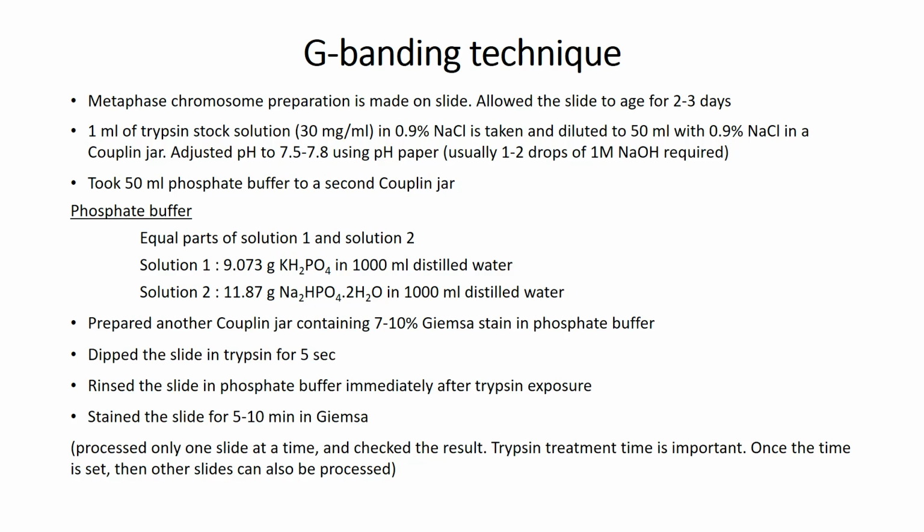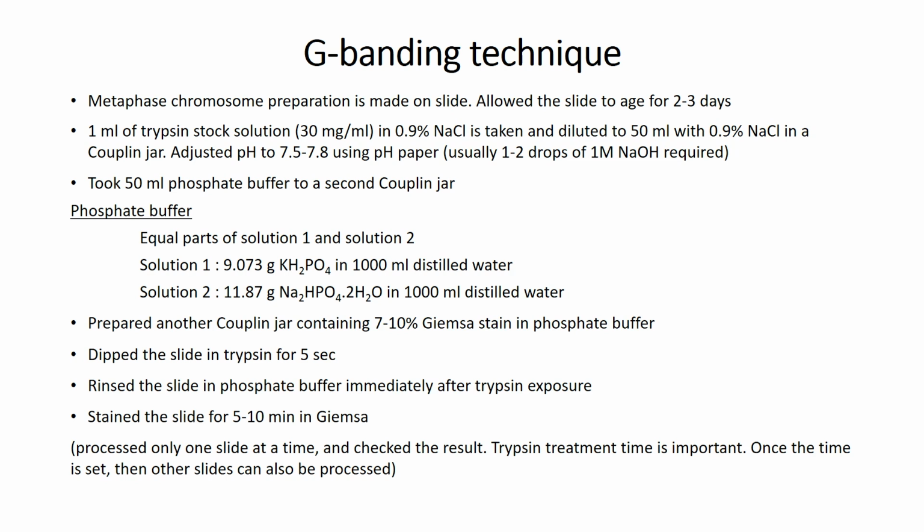Then take 1 ml of trypsin stock solution. Trypsin is a protease, and this is at 30 milligram per ml concentration. This trypsin is made in 0.9% sodium chloride solution. So this 1 ml is diluted to 50 ml, which means you now have a coupling jar full of the trypsin solution.